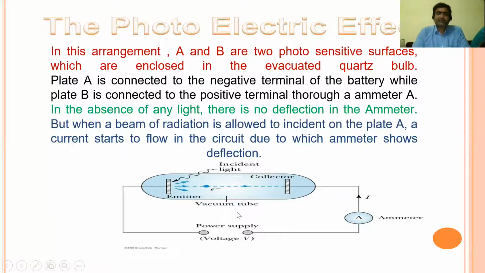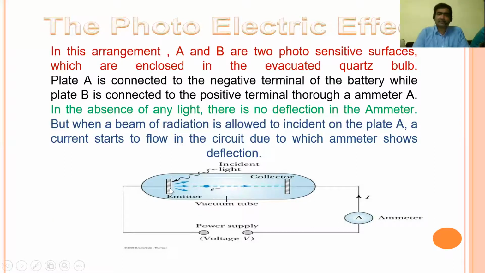But when a beam of radiation is allowed to be incident on plate A, here this is the incident light, it falls on this metallic plate A, which is a photosensitive metal. That means when incident radiation of sufficient frequency falls on this plate, it ejects electrons.